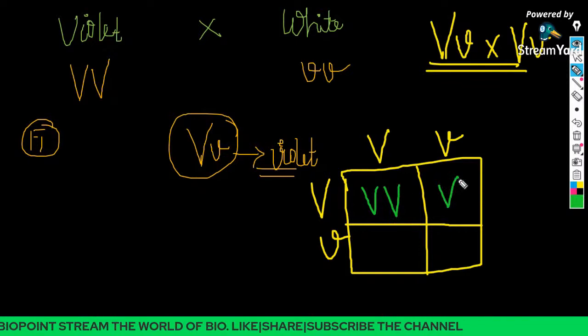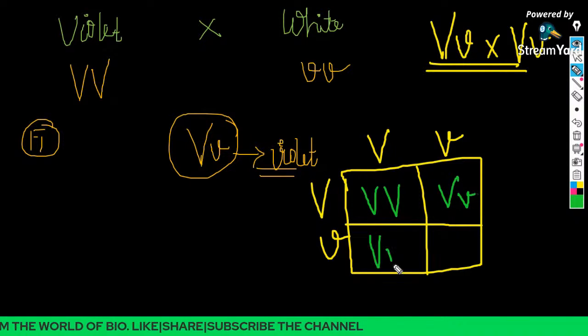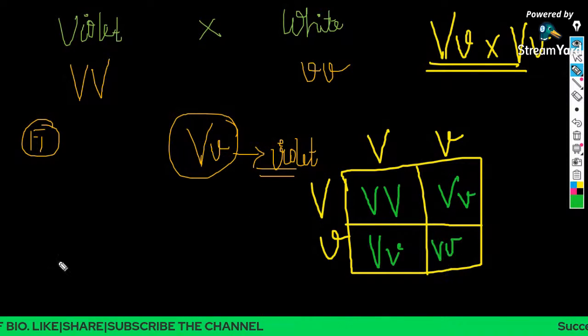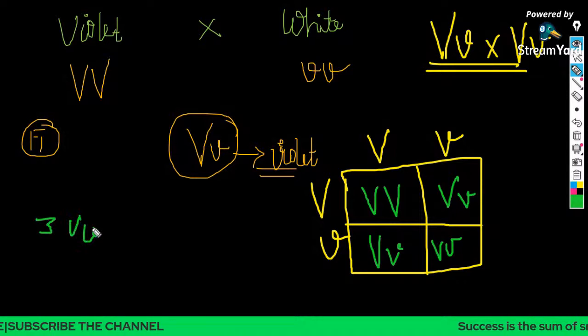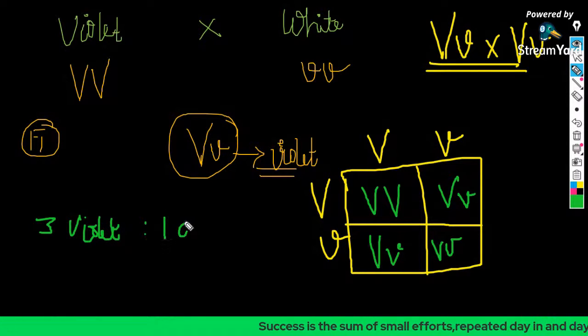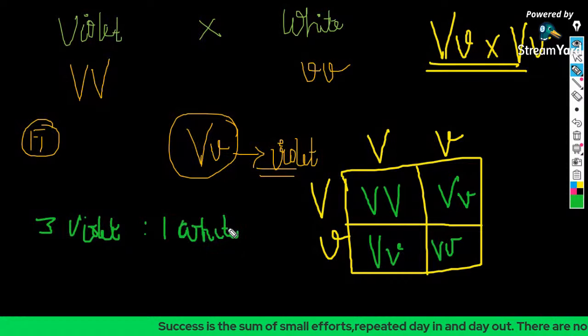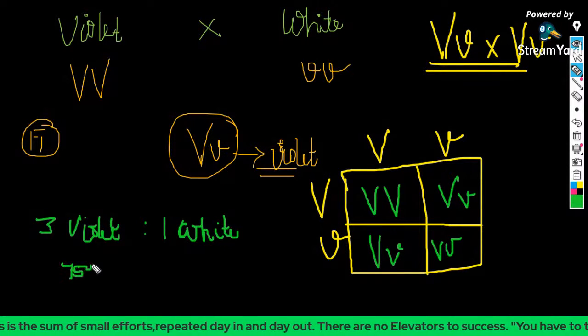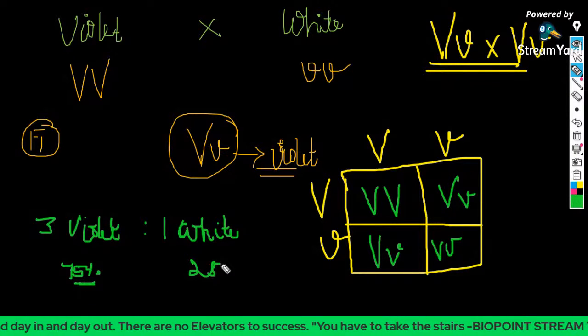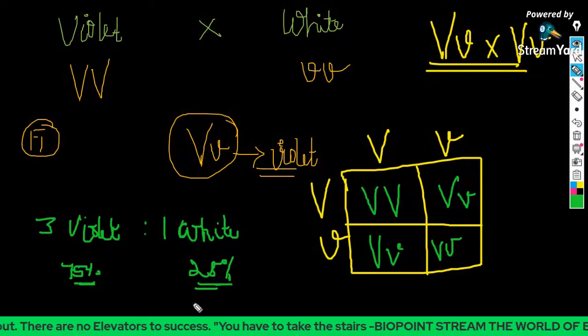The result is capital V capital V, capital V small v, capital V small v, small v small v. So you will get 3 violet flowers to 1 white flower. That is, 75% of the progeny resembles one of the parents and only 25% represents the recessive trait.